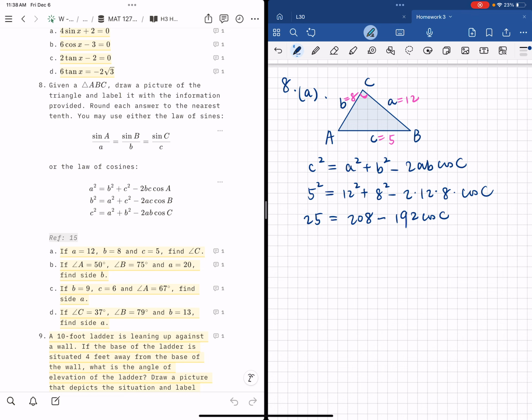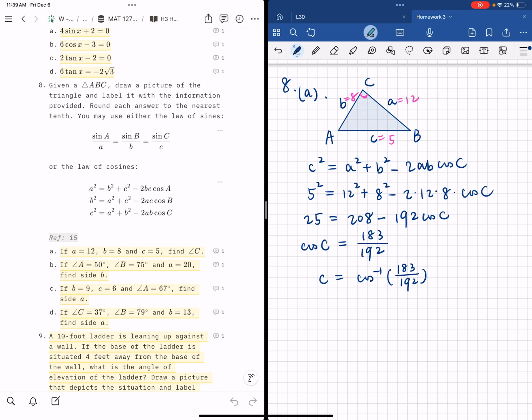And then you do inverse operation to isolate cosine of C. If you do that, we will get cosine of C is 183 over 192. And then use your calculator to do the inverse of cosine. So your angle C will be the inverse of cosine of this fraction.